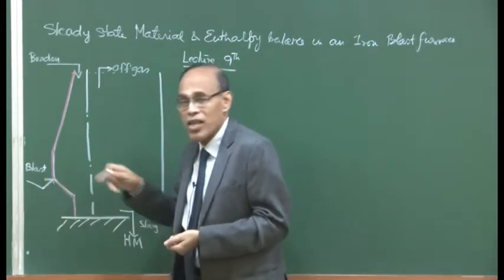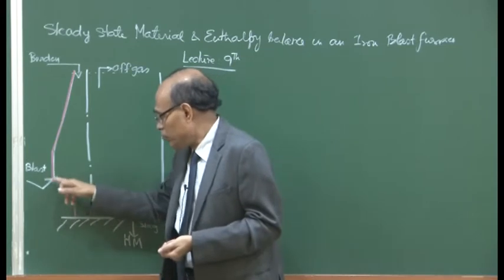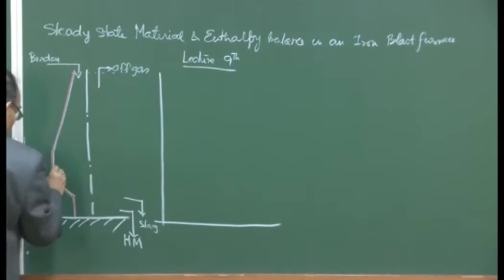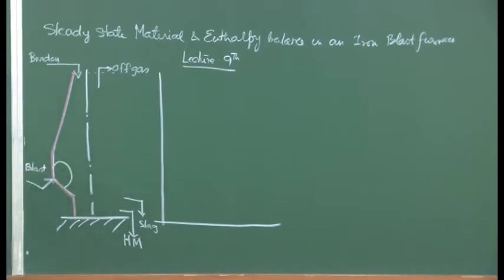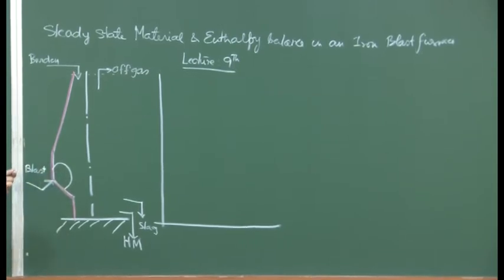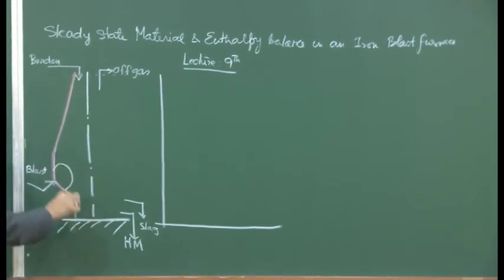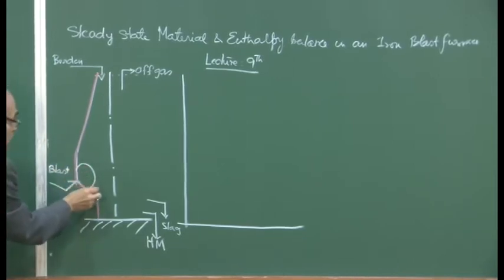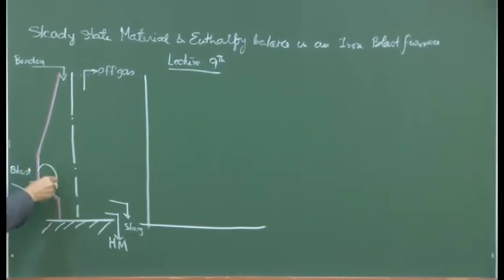Similarly, we introduce a blast, and the oxygen contained in the blast reacts with the coke. The combustion reaction takes place, carbon monoxide is generated, and because of the high pressure difference, the carbon monoxide ascends.